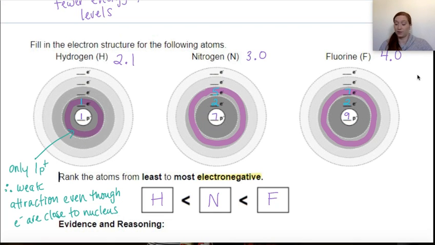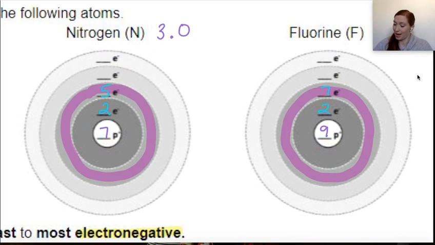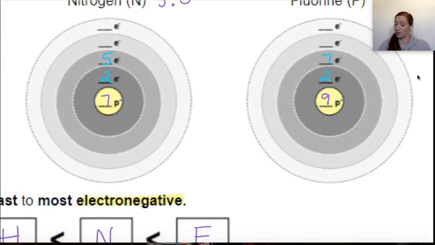Okay, nitrogen versus fluorine. Let's zoom in, take a little closer look. Again, these are both going to have electrons in the first and second energy levels, so the distance from the nucleus for those electrons and the electrons that are coming in from another atom are going to be pretty close, right? So here we've got to look at the number of protons in the nucleus. 7 protons for nitrogen versus 9 protons for fluorine.